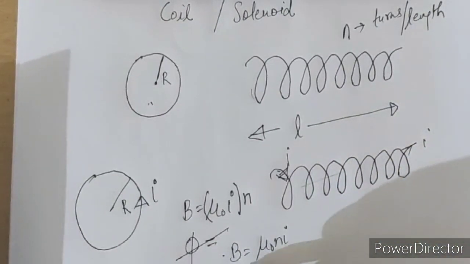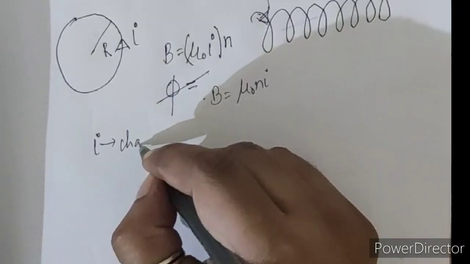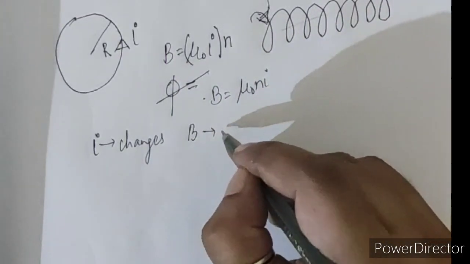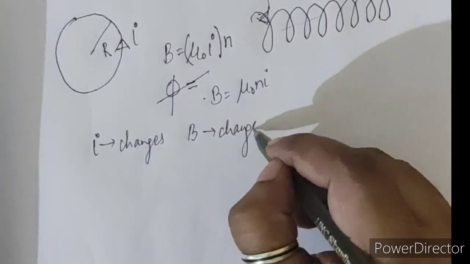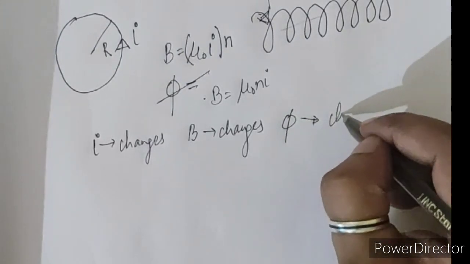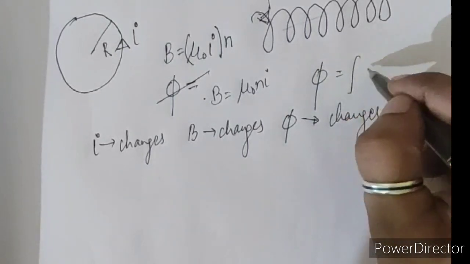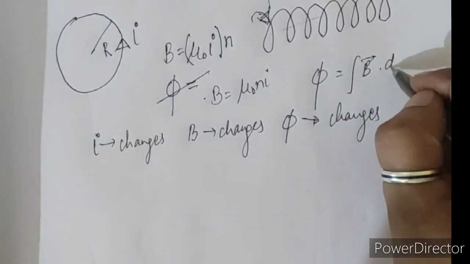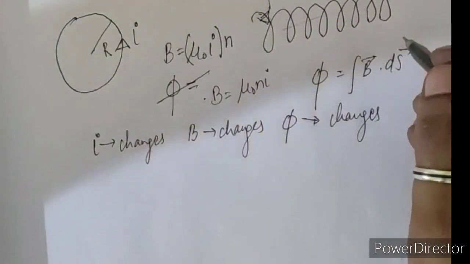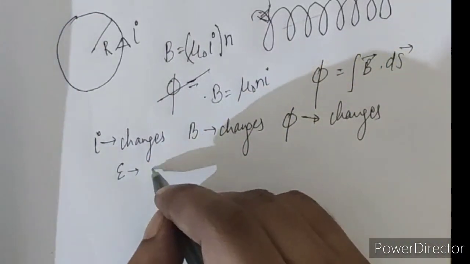Now we know that if the current changes, that means the magnetic field changes. If the magnetic field changes, that means flux changes, because flux is given by B dot dS, where dS is area. If flux changes, that means EMF is induced.